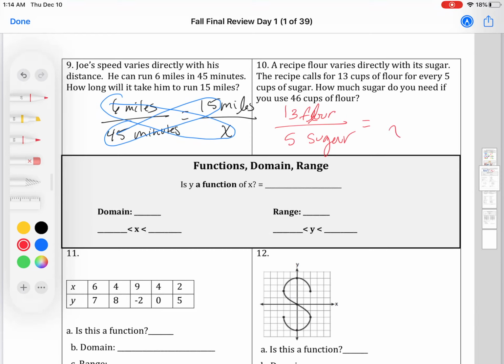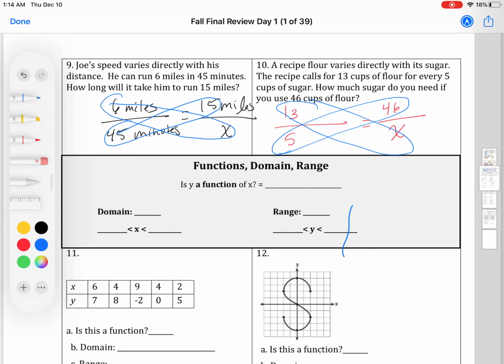How many cups of sugar, I don't know, so I put it on the bottom, will I need to make 46 cups of flour? So I want you to solve this. Here we go. Cross multiply 13 times x equals 5 times 46. Okay, go ahead, solve for x and see what answer you get for that one there, please.